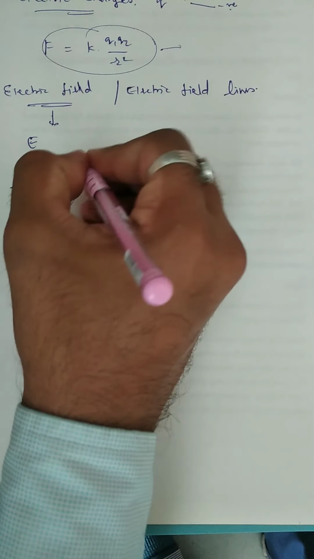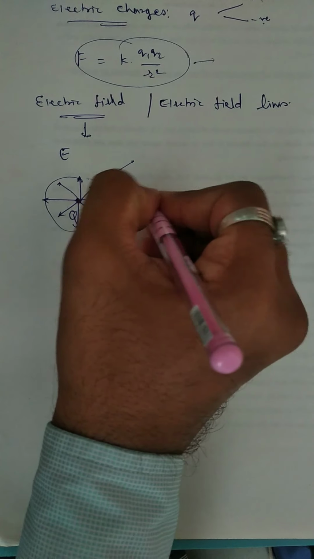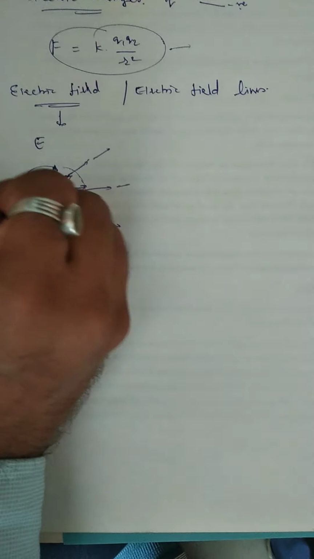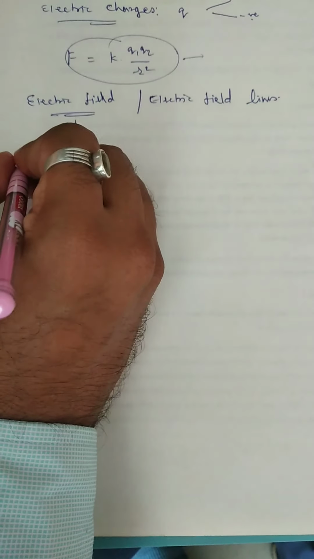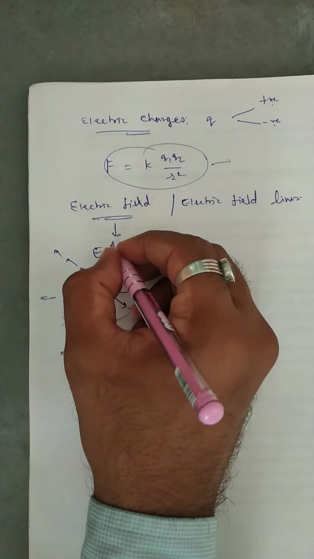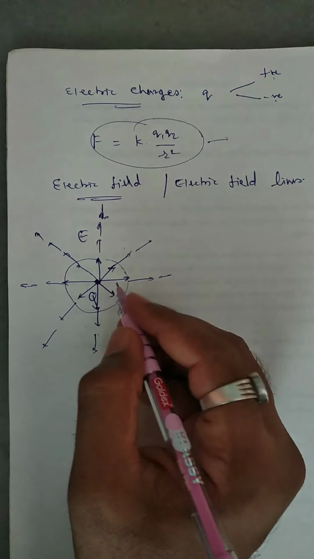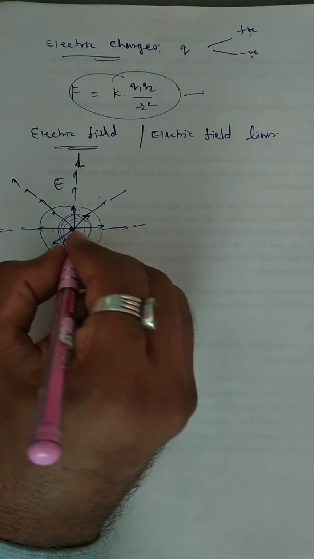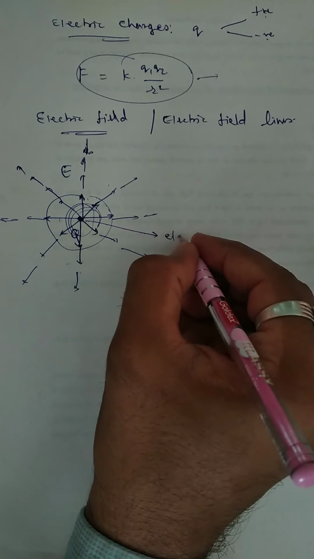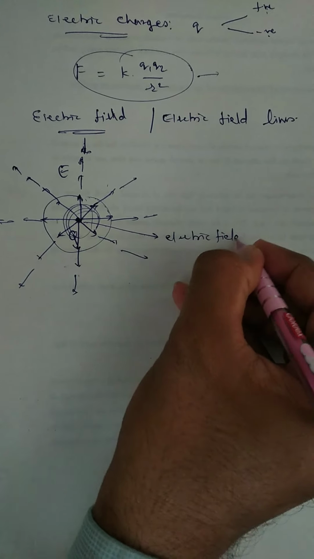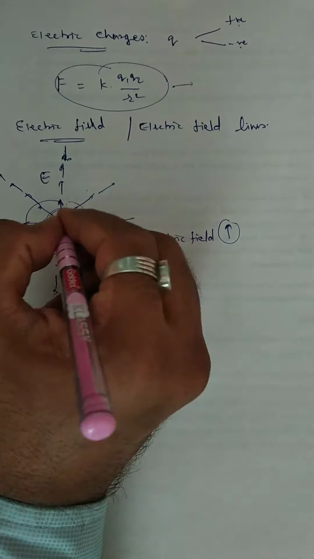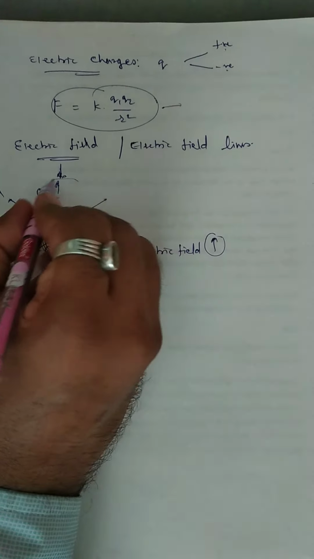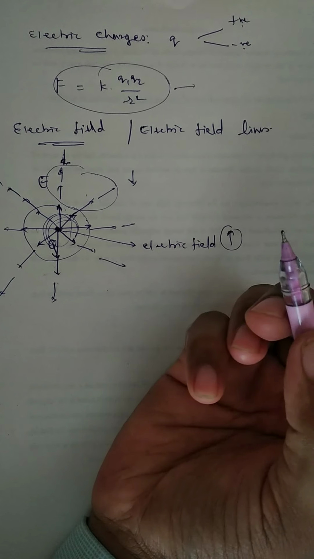If I draw these lines in vector form, just remember that electric field is a vector quantity. The region very close to this charge has a higher electric field effect, and the region away from this electric charge has a lower effect.